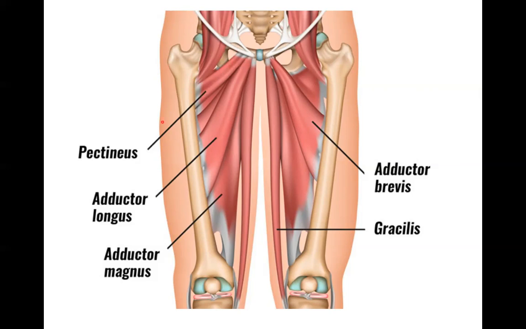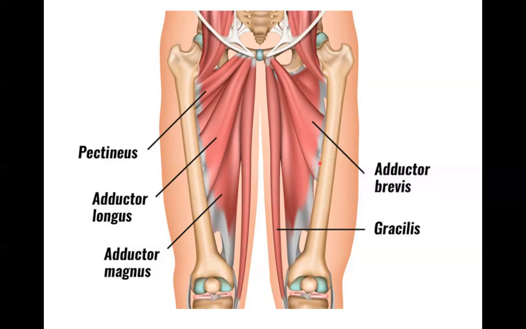This is the superficial view over here on the patient's right. If you look over here on the patient's left, Pectineus and adductor longus have been cut away, and that reveals the last of this group of 5. That's adductor brevis. Adductor brevis originates at the pubis and inserts along the linea aspera of the femur.